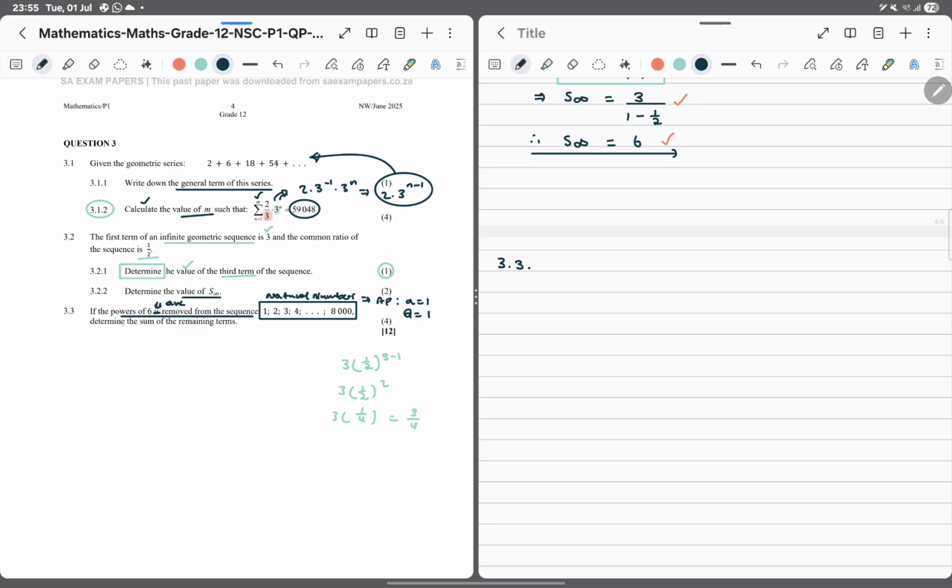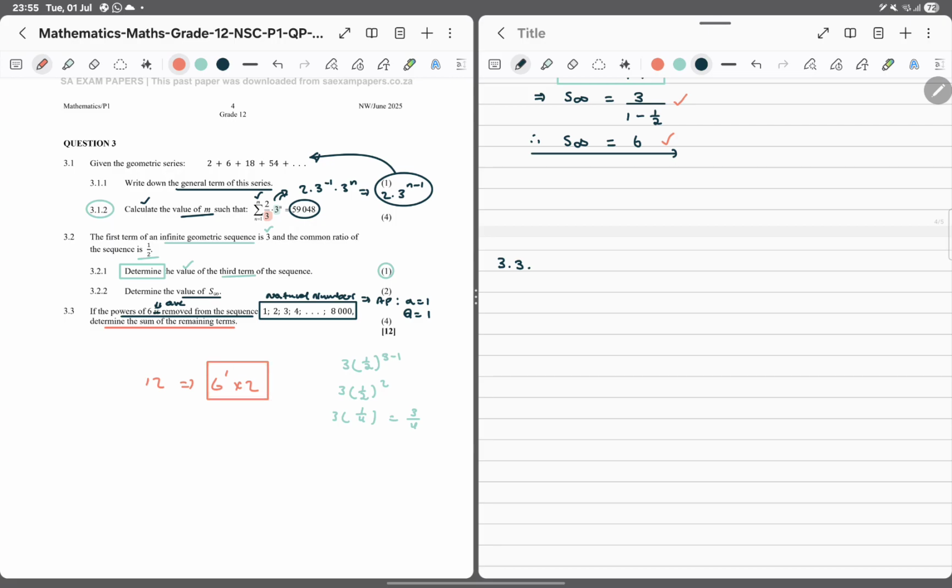And then we're told here to determine the sum of the remaining terms. Okay. So now I would rather someone says the pure powers of 6, because we can still get multiples of powers of 6. For example, 12 is a multiple of powers of 6. It's 6 to the exponent 1 times 2. This is a multiple.